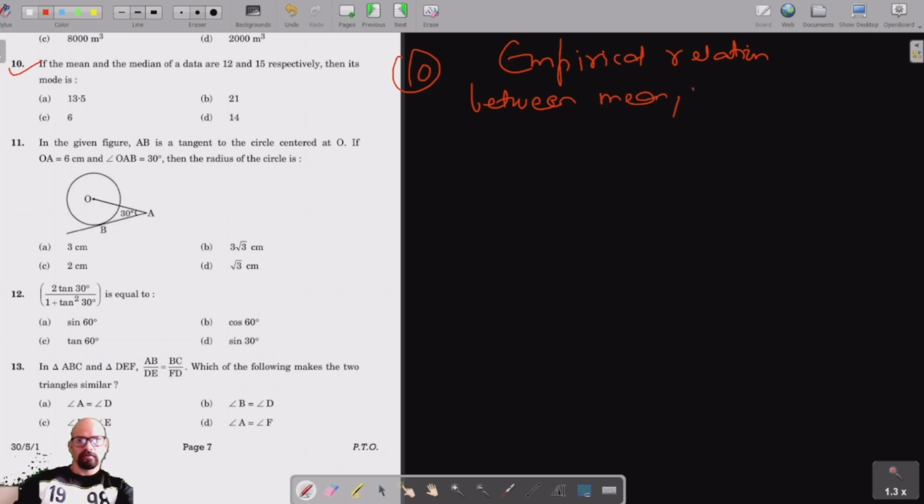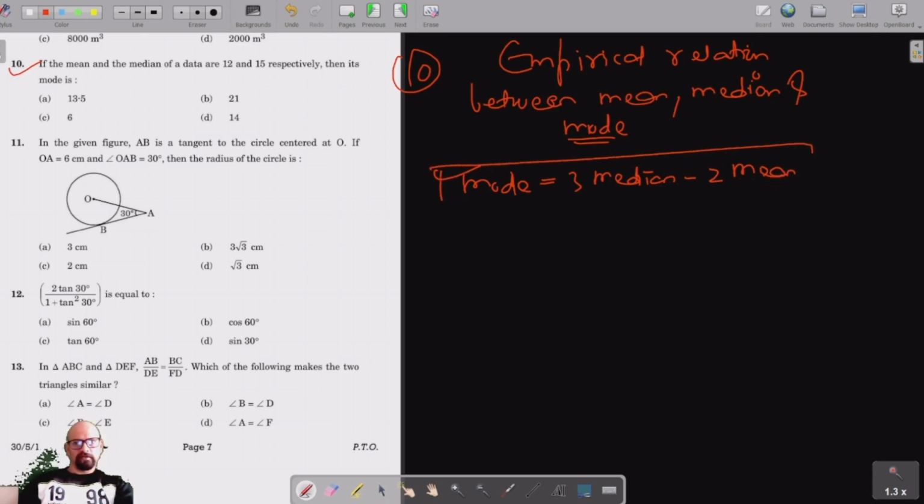The relation between them is: mode is equal to 3 median minus 2 mean. Let's put the respective values in this relation, and we have to find the mode.